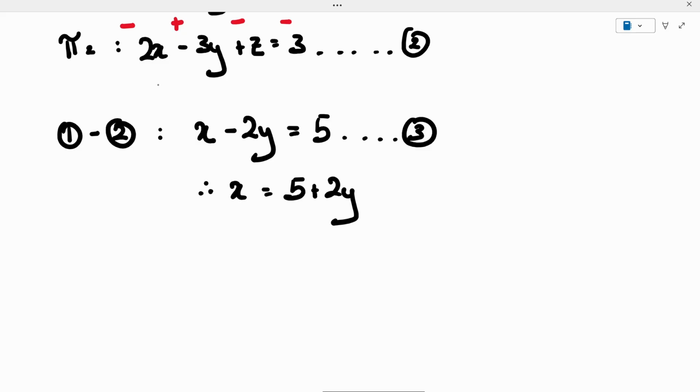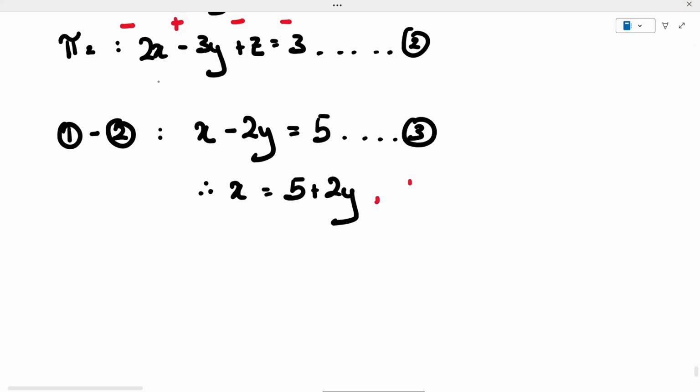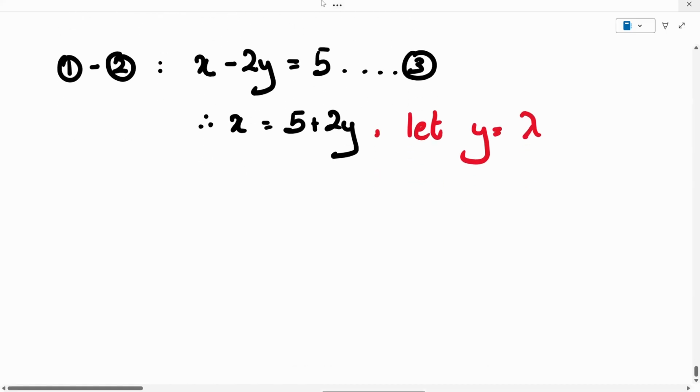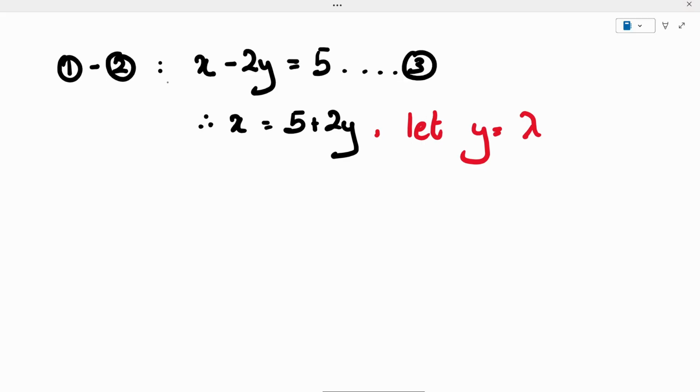So just for now, instead of solving a value of y, we're just going to let y equal mu, or t or s or whatever you want to put, right? And the reason we're doing this is because we don't have another equation to solve x and y simultaneously. So we kind of just need to put a placeholder for y and see if we can solve x.